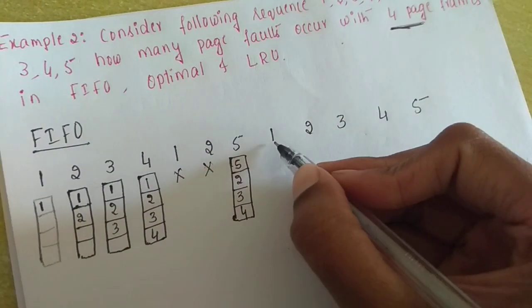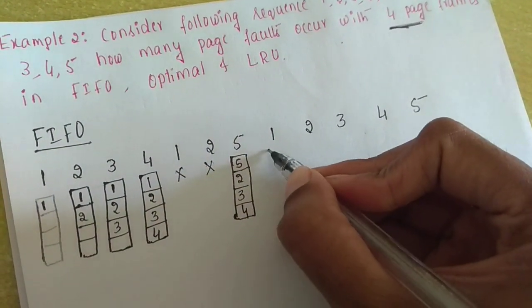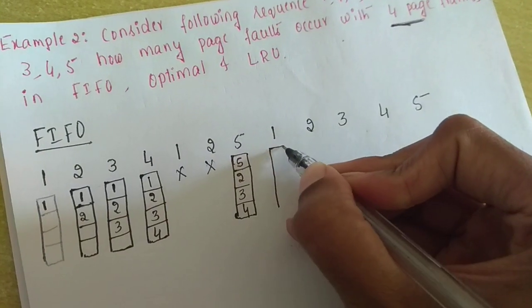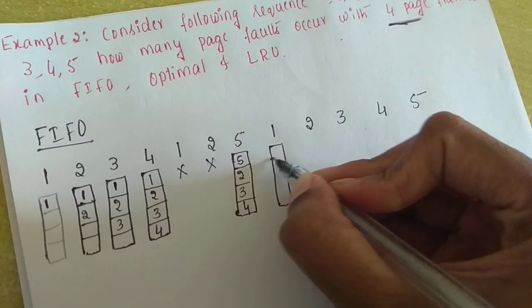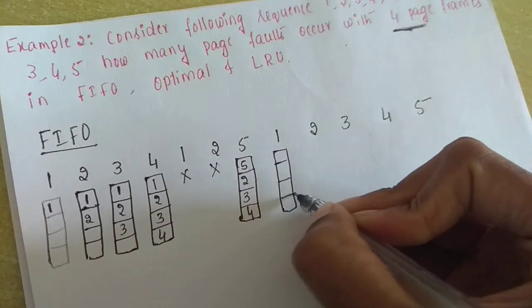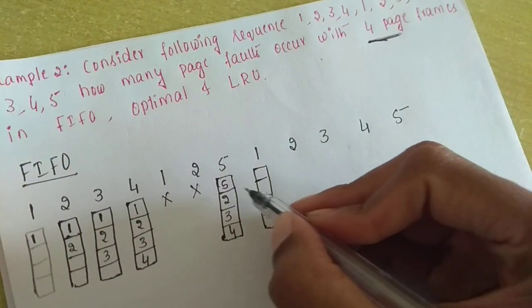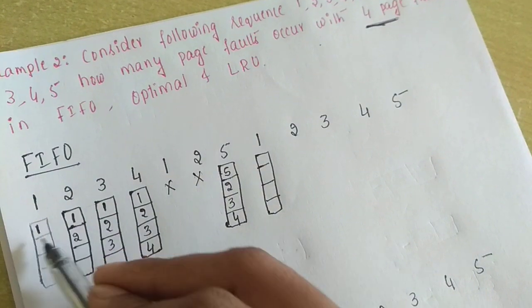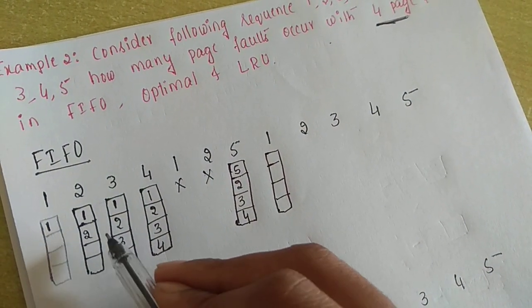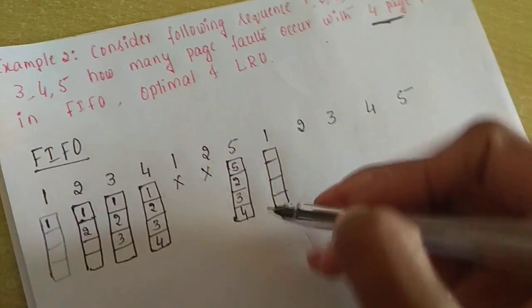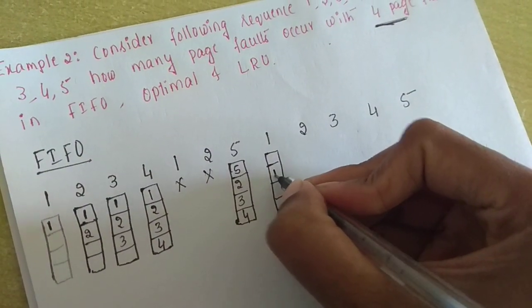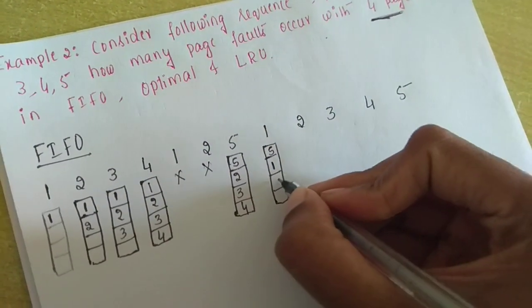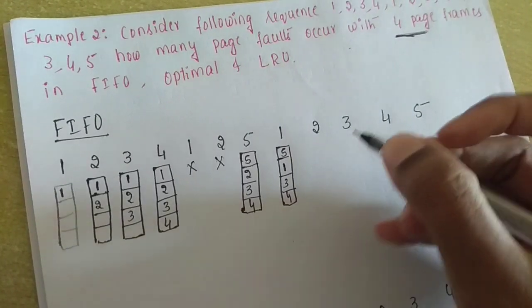Again 1 is not in the frame, so we need to insert. Write the box under it and select the place for the replacement. The next inserted value after 1 is 2. You can see we inserted 1 first, then we inserted 2. So replace with 2. Remaining copy as it is.